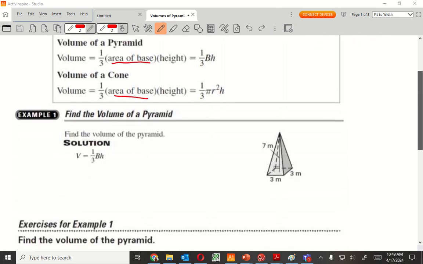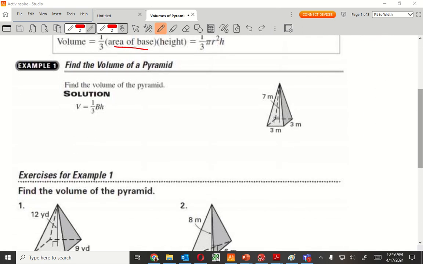So let's go ahead and apply what we just learned. 1/3 area of the base. Now the base in this one, bam, that is my base. What shape is that? A square, very good. How do I find the area of a square? It's 3 times 3.